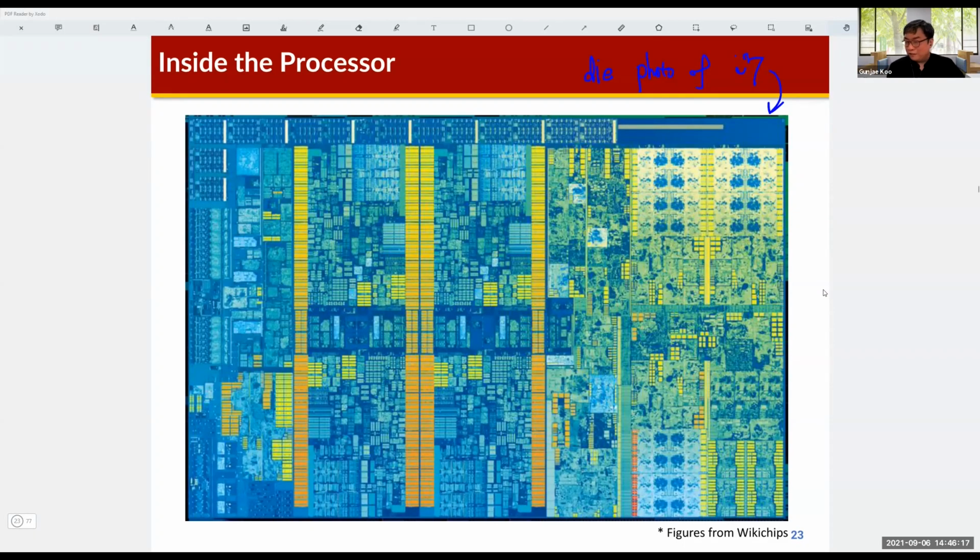And if we just see this die, can you understand how the CPU works? No, it's not easy. It's just a sample of transistors, a good looking photo.